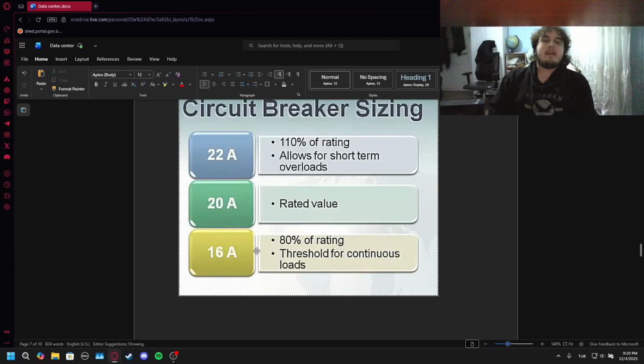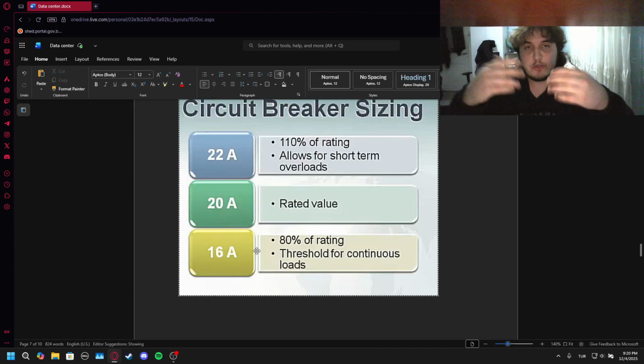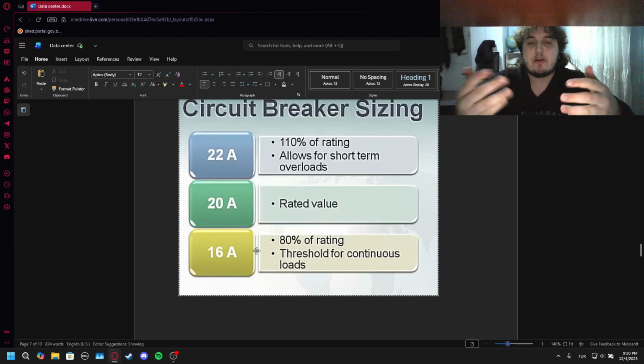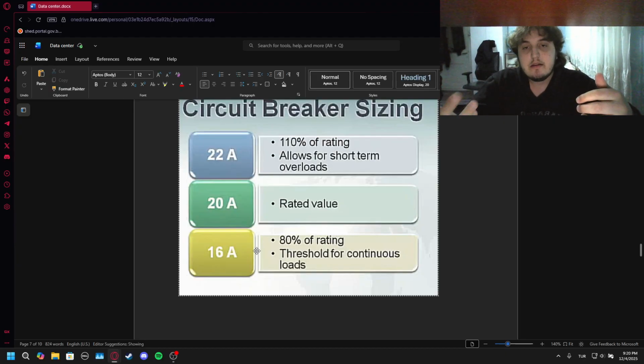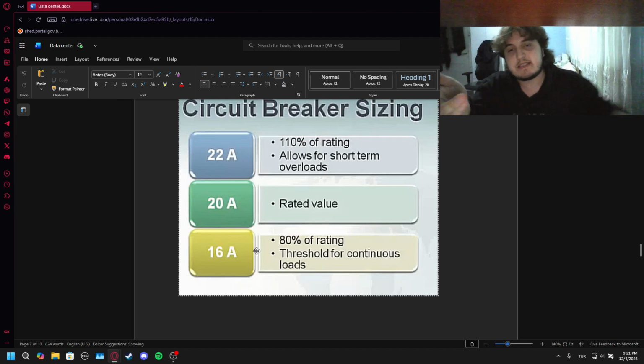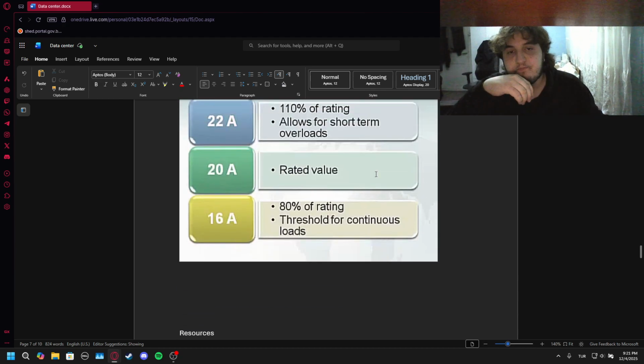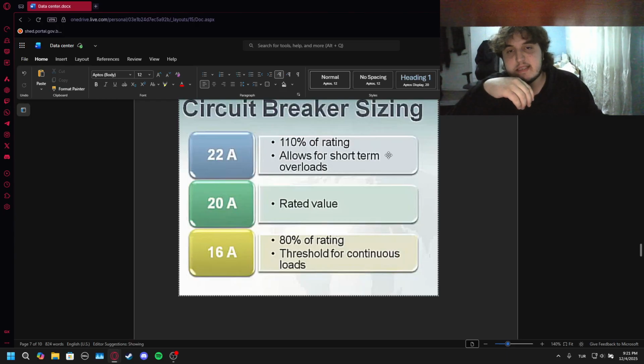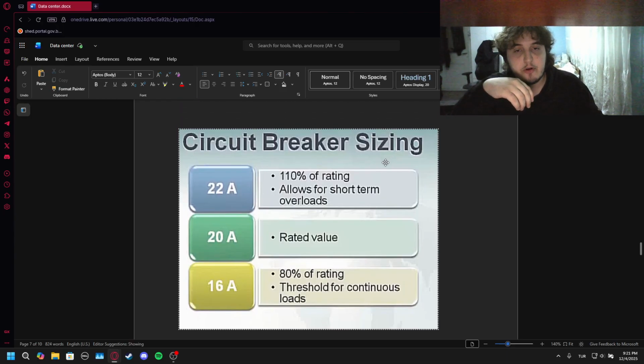So you would say I want a circuit breaker that is 25 amps, and my 80% rating means I am always using at most 20 amps going through that cable so that it doesn't open itself. This is a limitation for that. And this is basically it on how they should be working, what you should be doing.